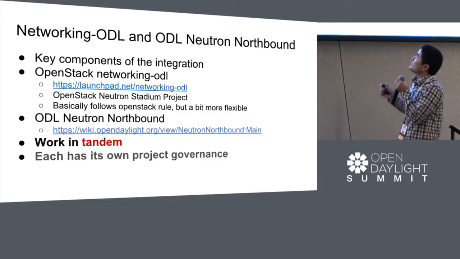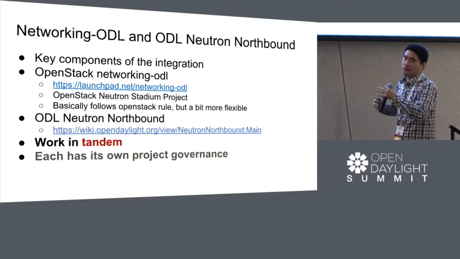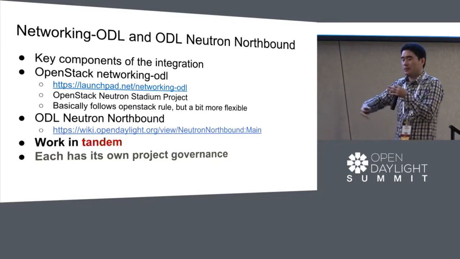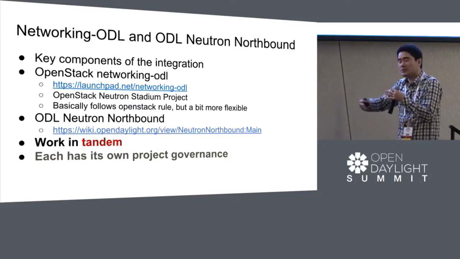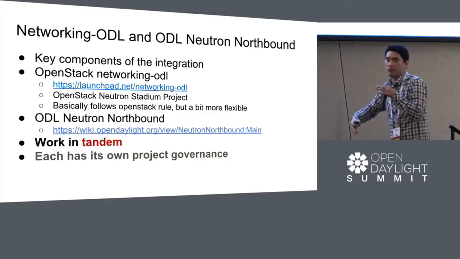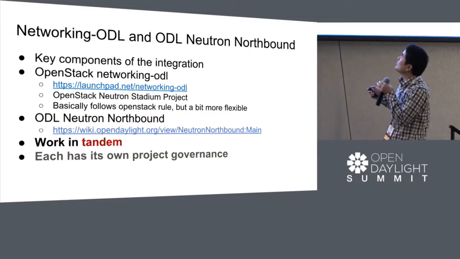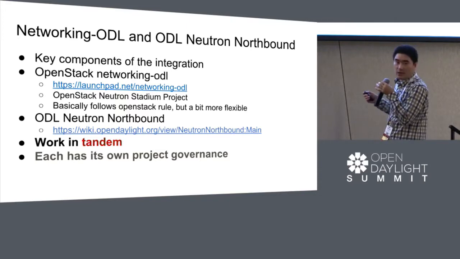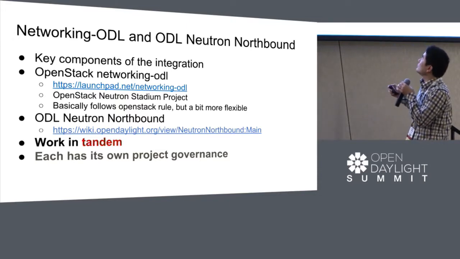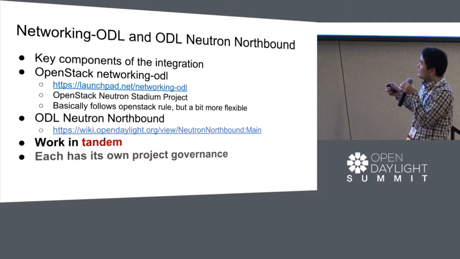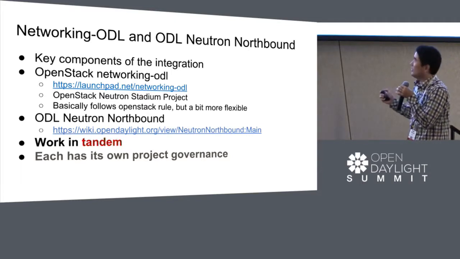Those two components are the key components of the integration, which take responsibility for communication between OpenStack Neutron and OpenDaylight. If you are interested in them, those links are the starting point.